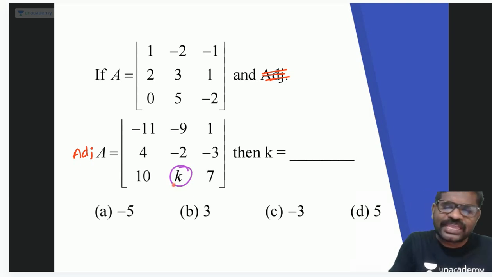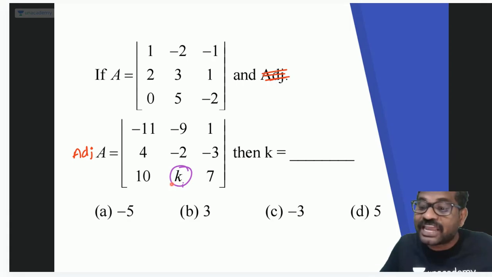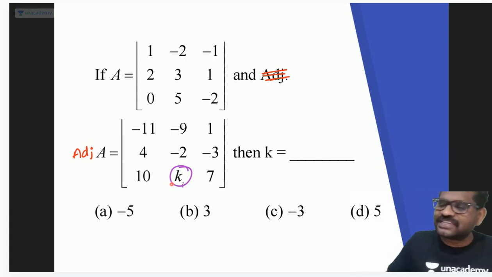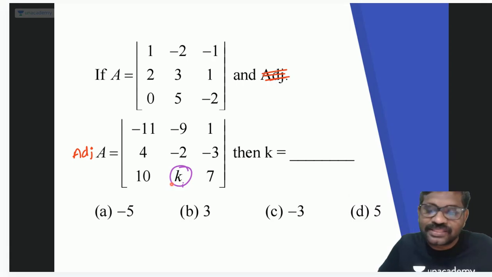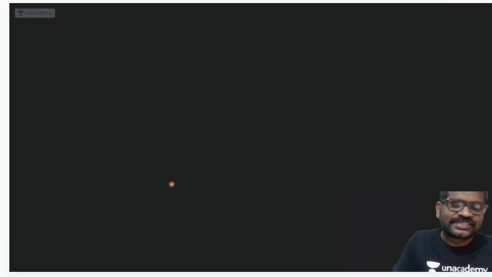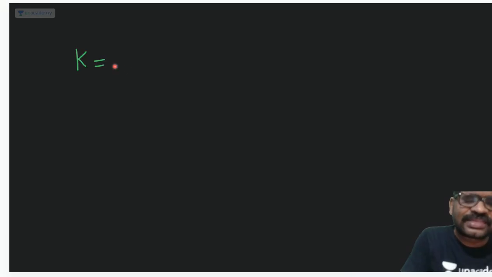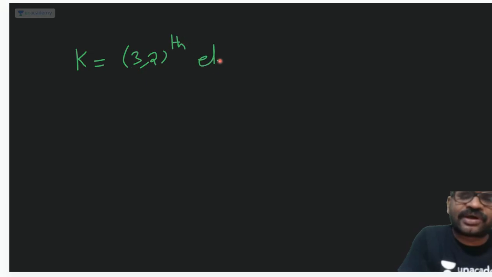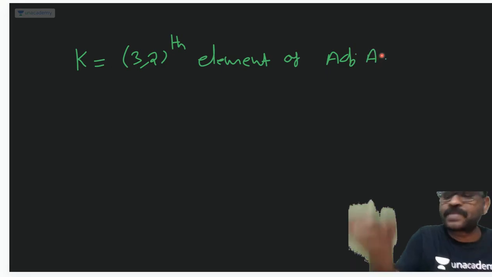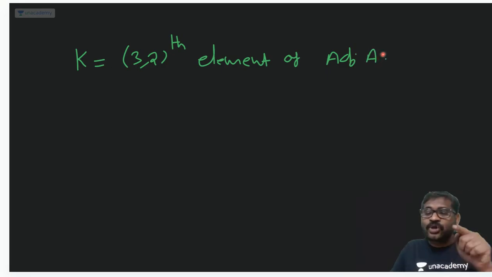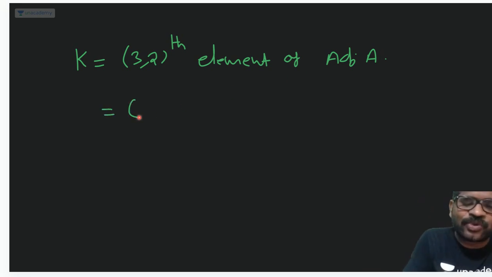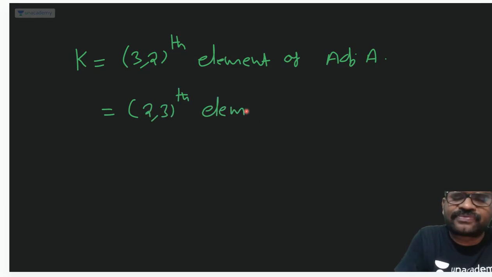Now, K is in which place? Third row, second column. Right. K is the 3-2 element of adjoint of A. So third row, second column element of adjoint A. That's why you can write the 2-3 element of cofactor matrix.